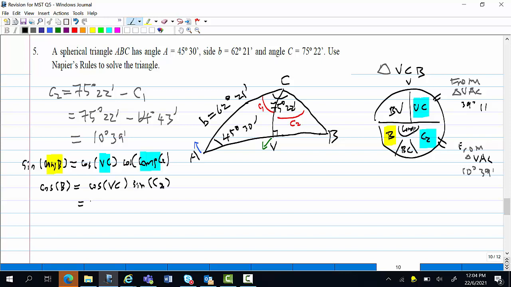So put in the value, VC, we know from triangle VAC is 39 degrees 11 minutes, and C2 is 10 degrees 39 minutes here. From here, we'll get 0.14325. So angle B is cosine inverse of this answer, and you get 81 degrees 46 minutes. That is angle B, 81 degrees 46 minutes.